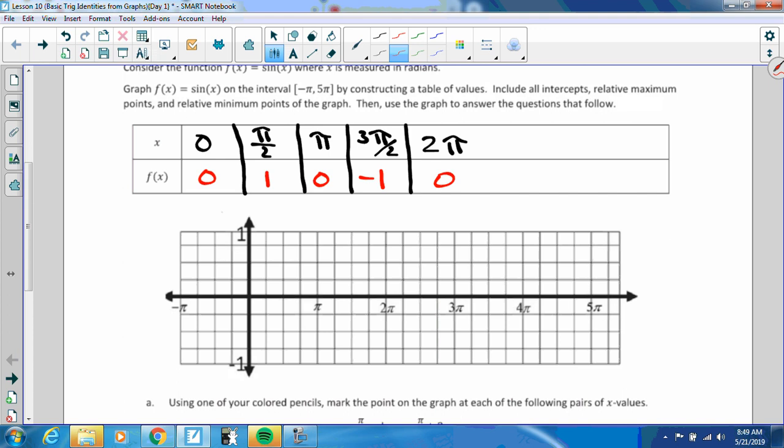So let's graph these points on the graph, shall we? Where's my first point going to be? How about at the origin? Is that a good place to put it? Okay. Now, where is pi over 2 on this graph? So I don't have pi over 2 anywhere on here, do I?